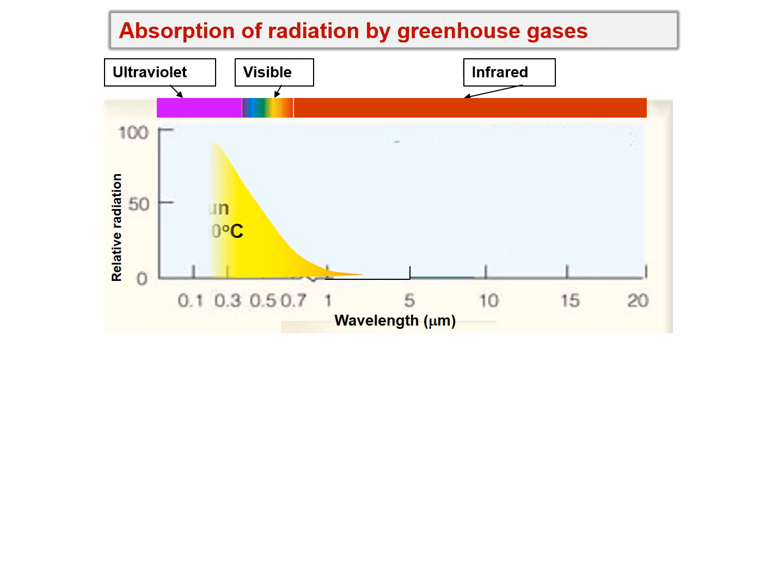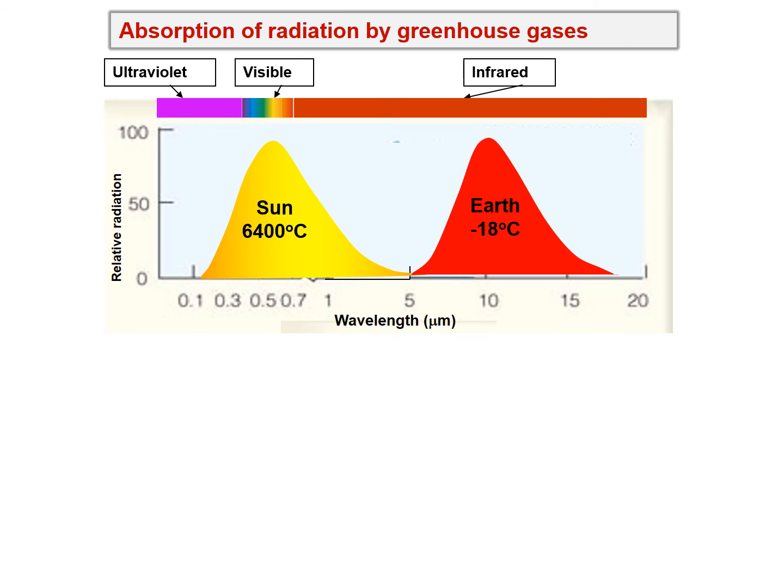For the solar radiation, lambda max is 0.5 micrometers, whereas for the Earth radiation, lambda max is 10 micrometers. Incoming solar radiation is in this range of the spectrum. Outgoing long-wave radiation is located here, in this wavelength.